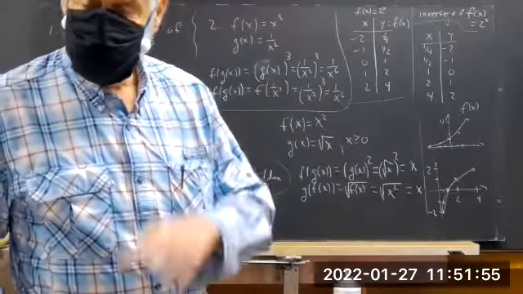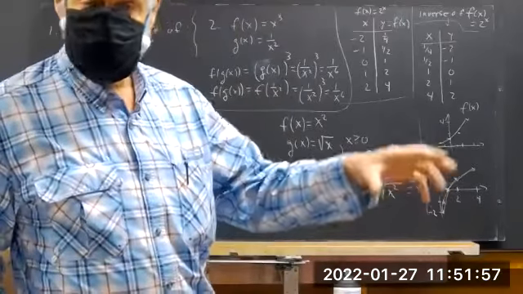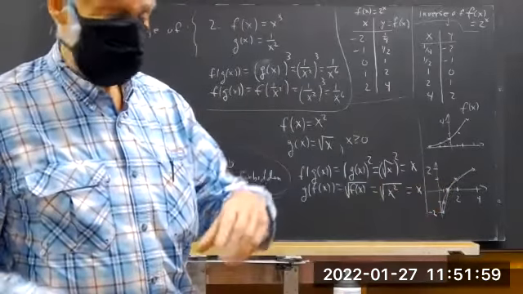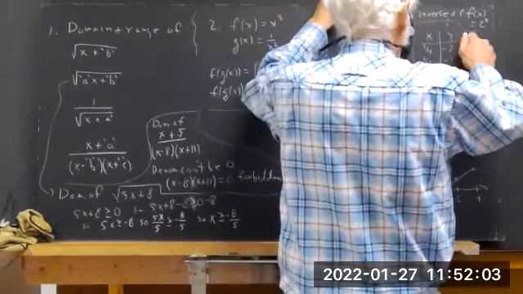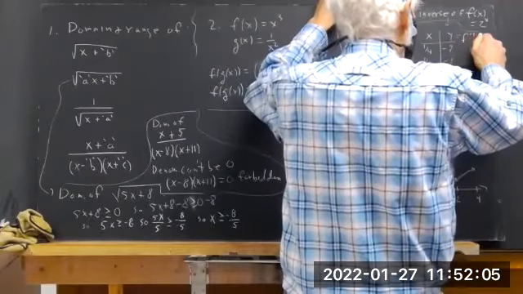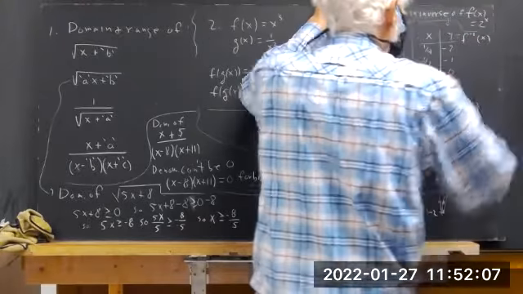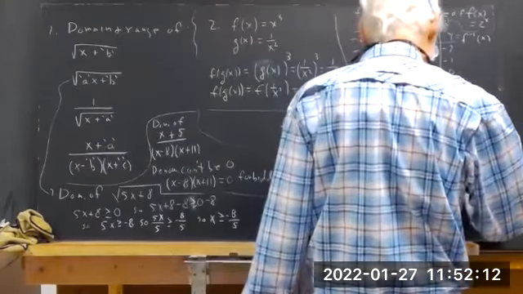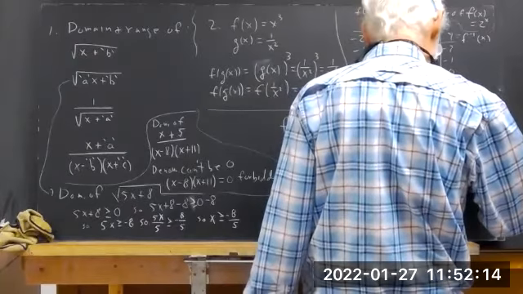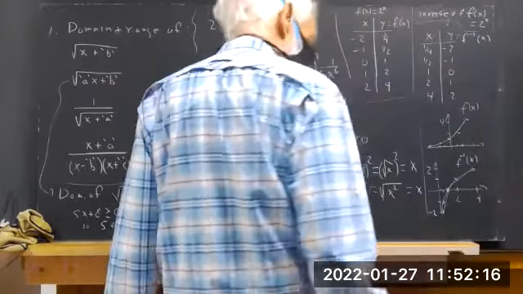But you understand when we reverse the x and y coordinates, we get a new function. And we call that function f inverse of x. So here is the graph of f inverse of x.